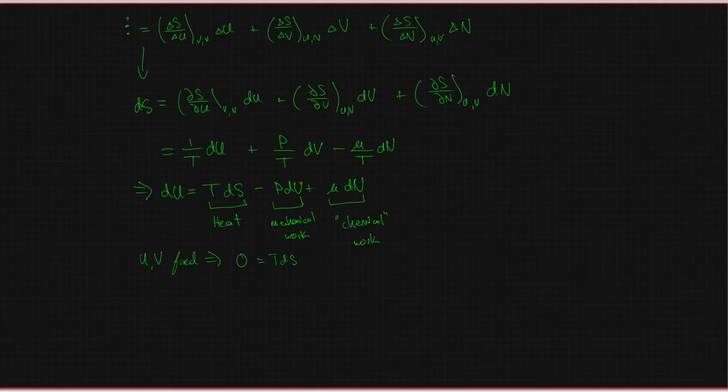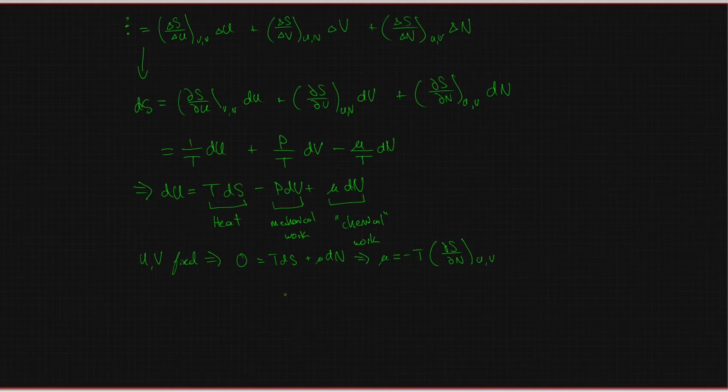V is fixed, so dV is 0, dU is 0 since U is fixed. Plus mu dN.